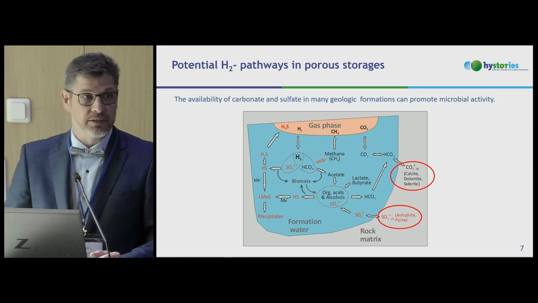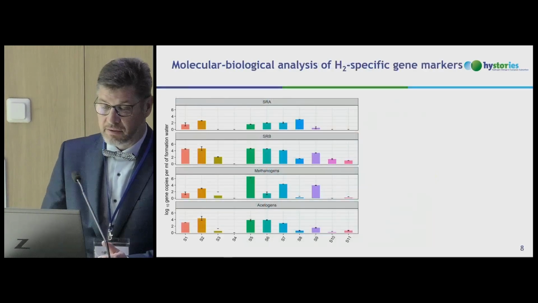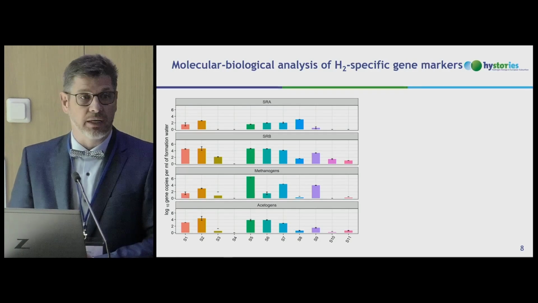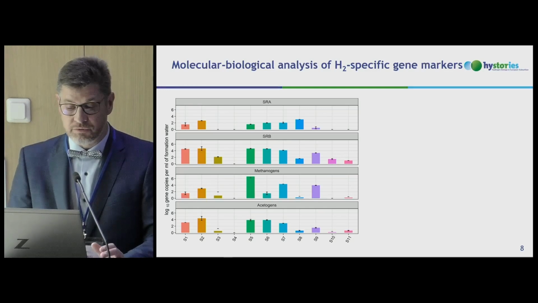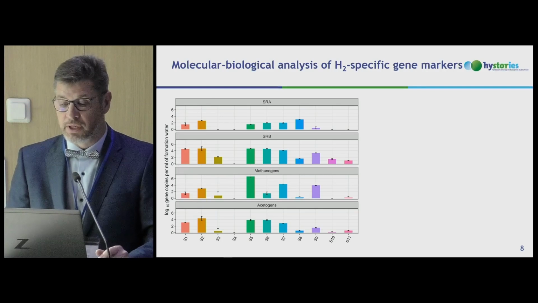But now the question is, are the hydrogen-utilizing microorganisms present in the reservoir, and can they survive there? As part of the Hystories project, we were able to examine 11 deep formation water samples from 9 different gas reservoirs for the abundance and composition of the microbial populations.